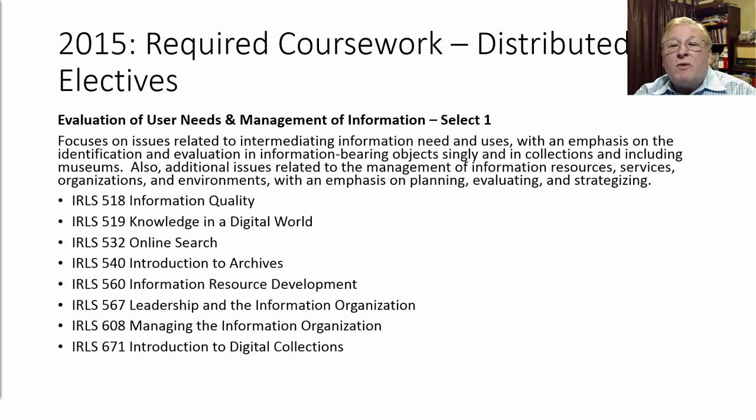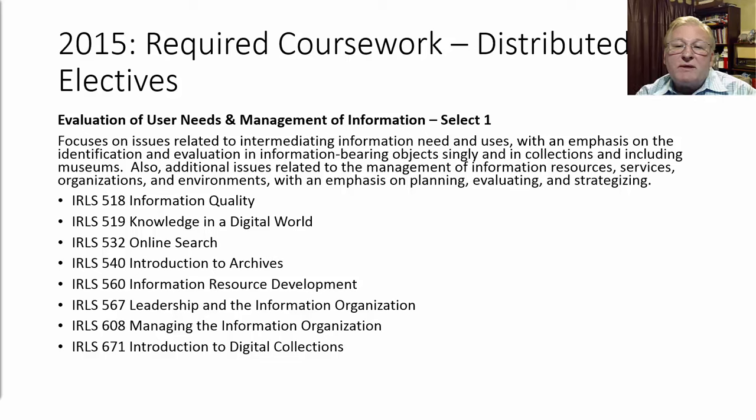The next group of required courses are the distributed elective courses. For students entering the program in 2015, there are 3 areas of study, and you need to select 1 course from each area. The first area is evaluation of user needs and management of information, and there are currently 8 courses you can select from, offered regularly, usually once a year each.